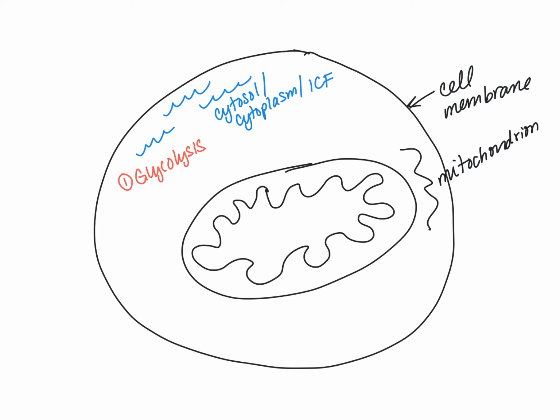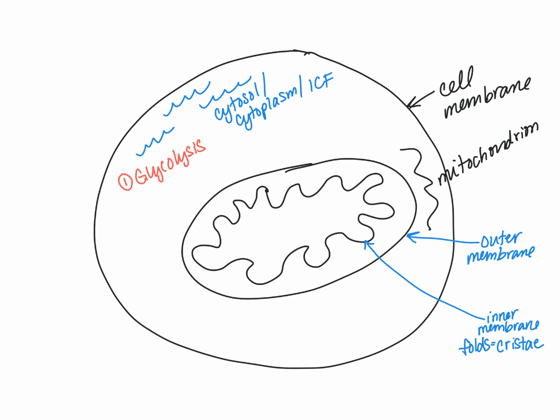Now, the mitochondrion itself has a couple of different regions. So it has an outer membrane, it has an inner membrane, and this inner membrane, you'll notice, is folded. And so the folds are actually known as cristae.